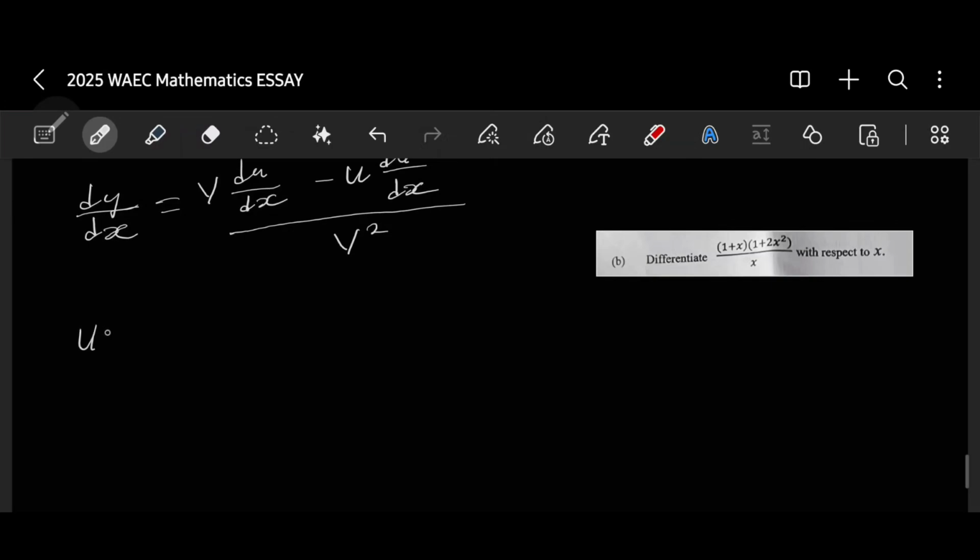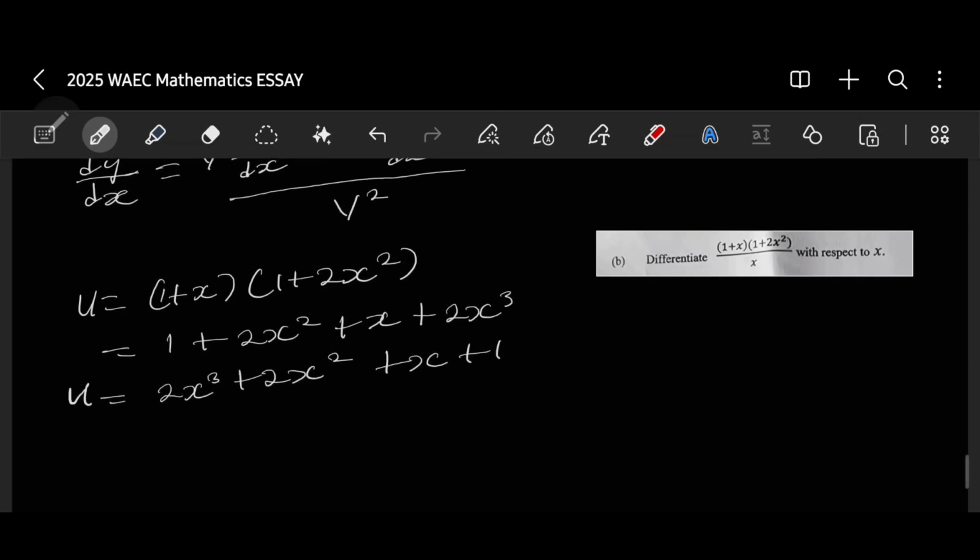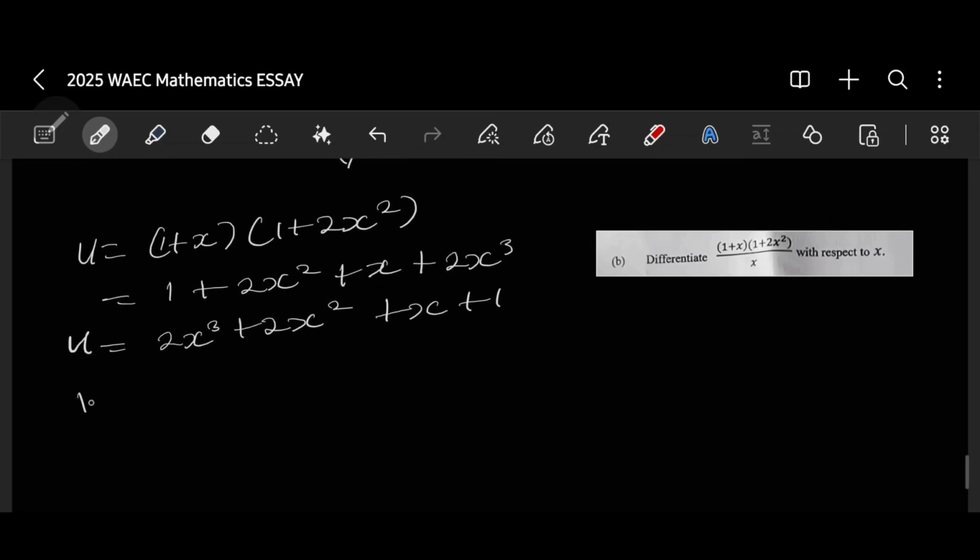So u is equal to (1 plus x) times (1 plus 2x) squared. I'll go ahead and simplify this, so you can expand. Then v is simply x.